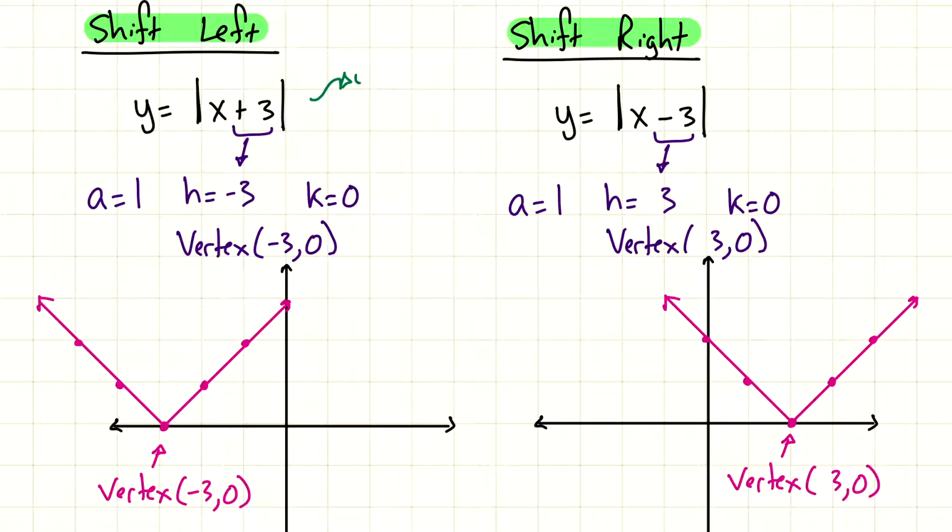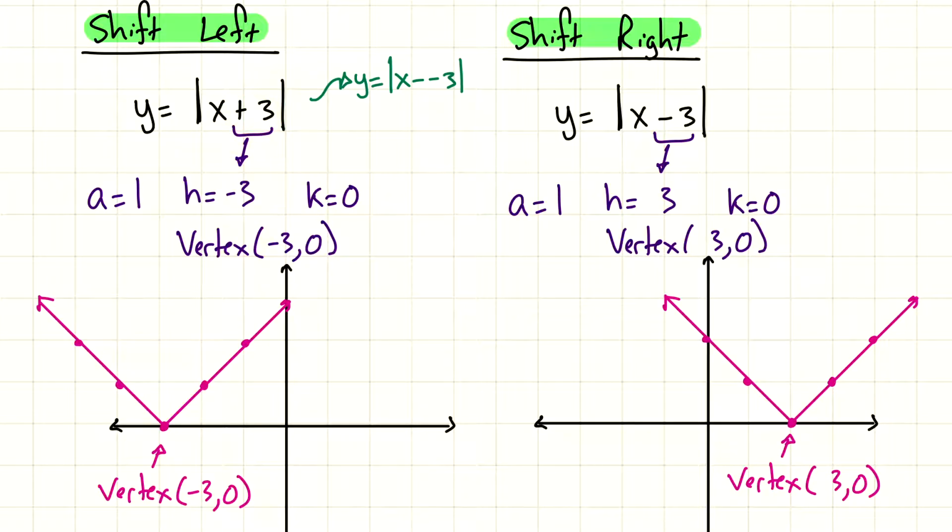This is actually the same thing as y equals the absolute value of x minus -3. It's really a minus minus. Those that you remember, when you have two negatives or subtracting a negative, that becomes positive, which is why it looks like a +3.